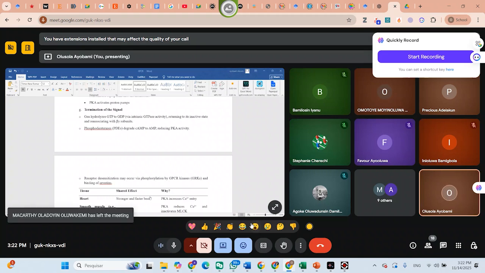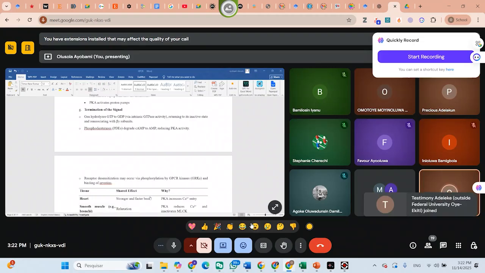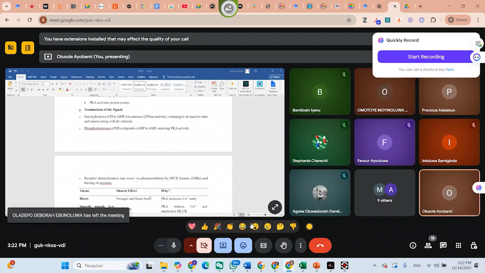So the intrinsic phosphatase activity converts GTP into GDP. So we now have our G-alpha GDP. This now goes back to reassociate with the G-beta gamma complex, and makes the receptor return to its resting or inactive phase.